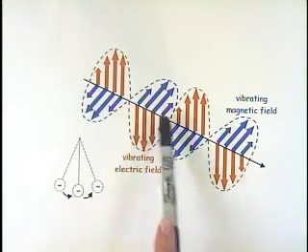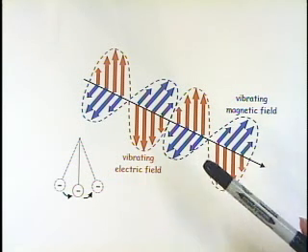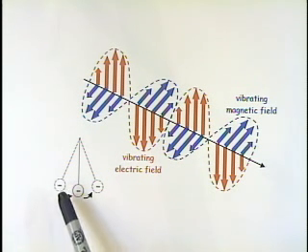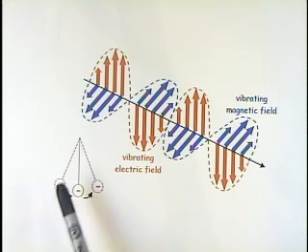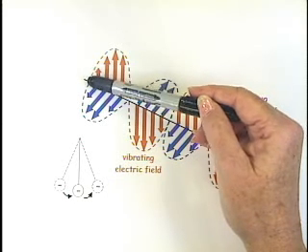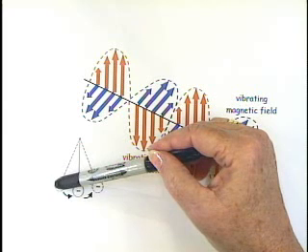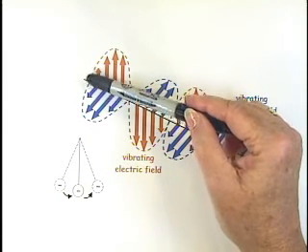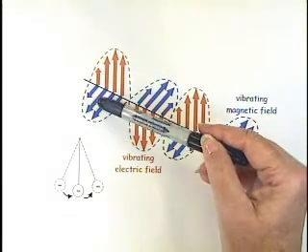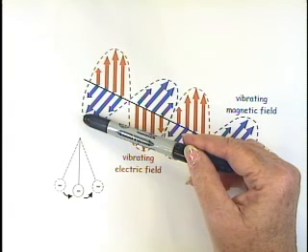Let's look at a graph of what's going on as our charged particle vibrates back and forth. We'll pretend that our charged particle is like the bob of a pendulum. At the starting point, the charged particle is not moving, so there's no magnetic field, and so this point would be 0. As the charged particle accelerates inward, the magnetic field grows, and so does an electric field perpendicular to the magnetic field.